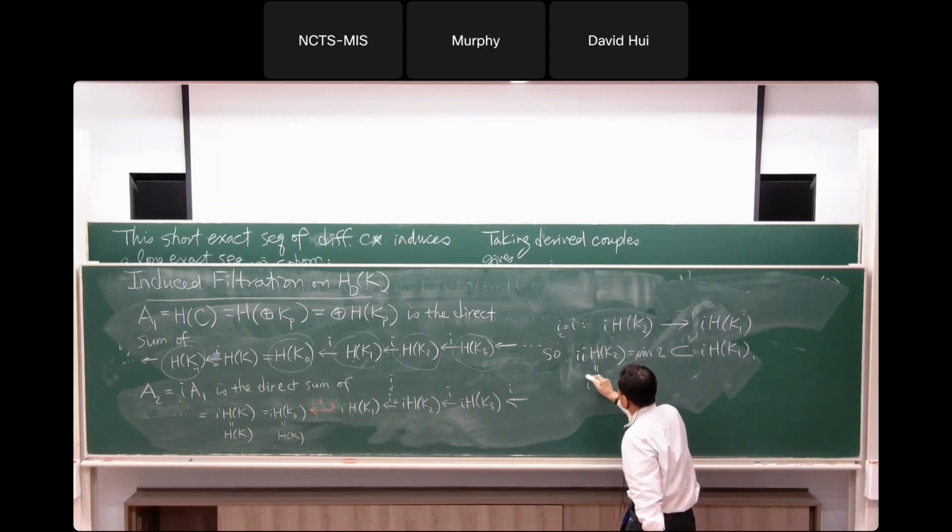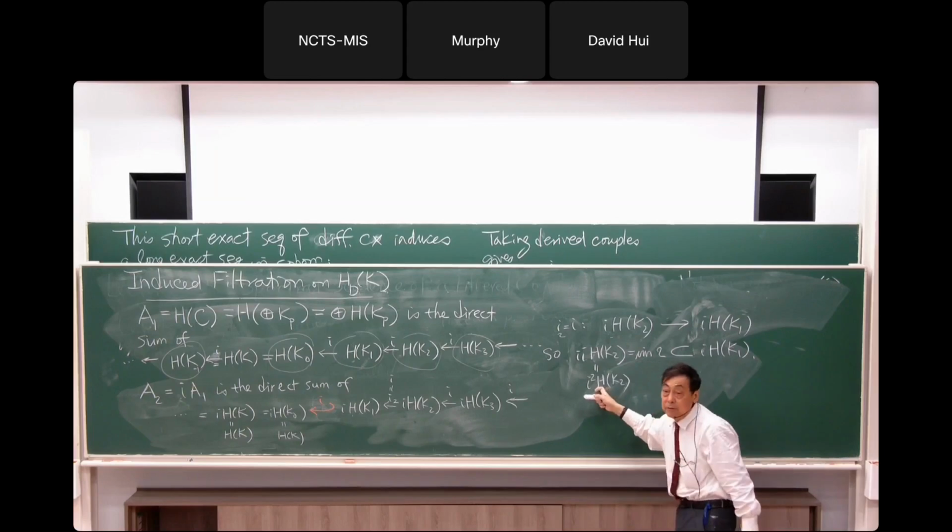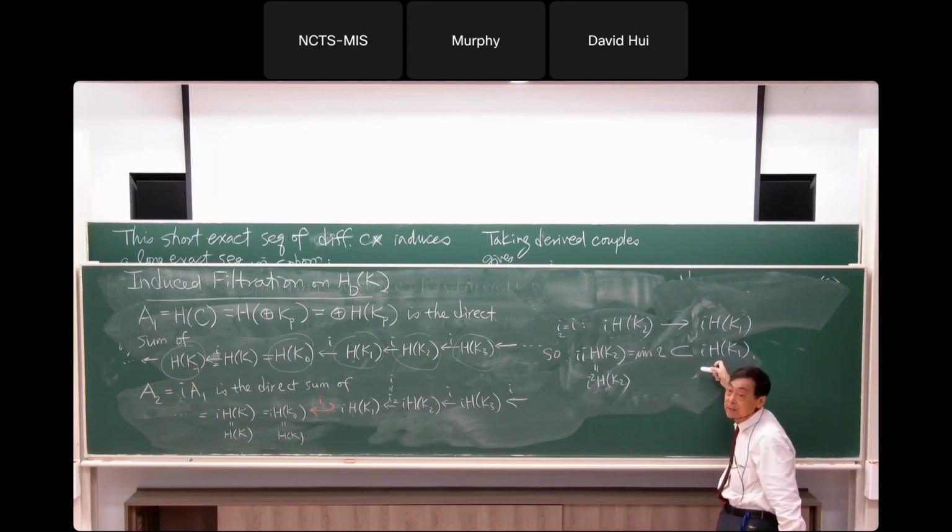We can write this as I square H K2. If you apply I twice, then it becomes a subgroup.